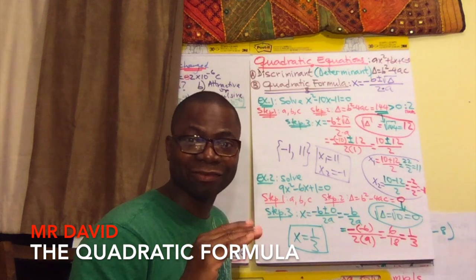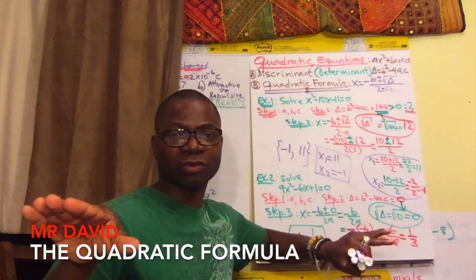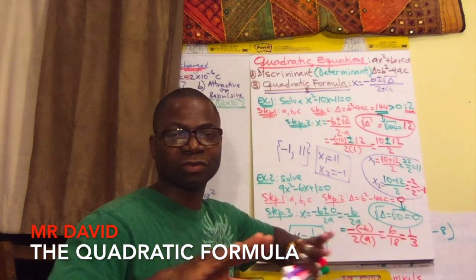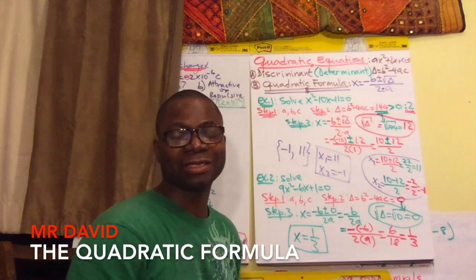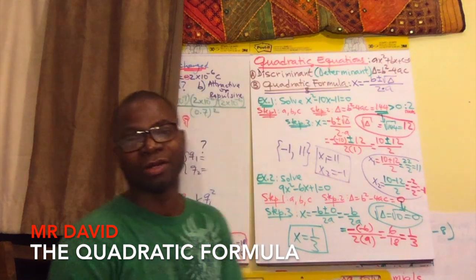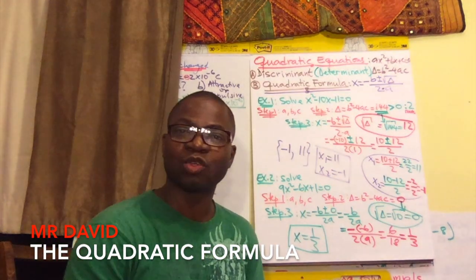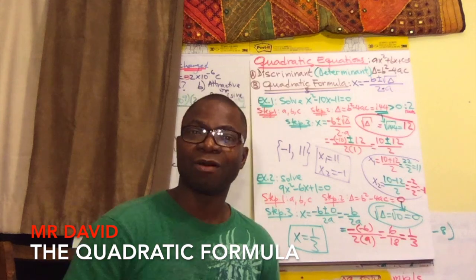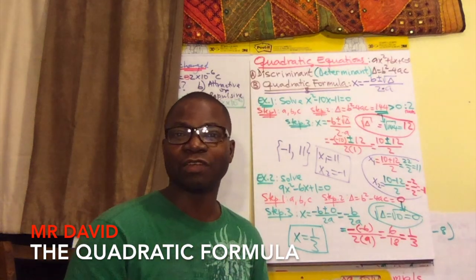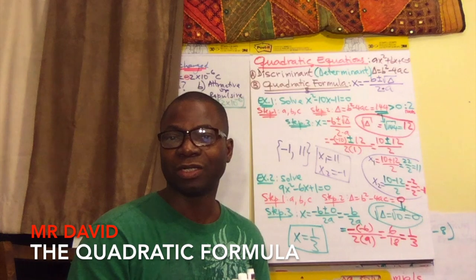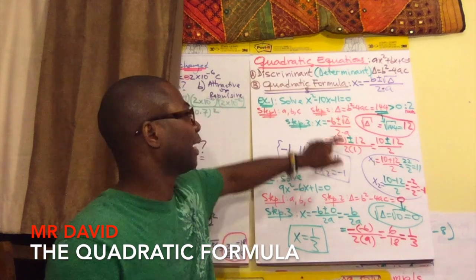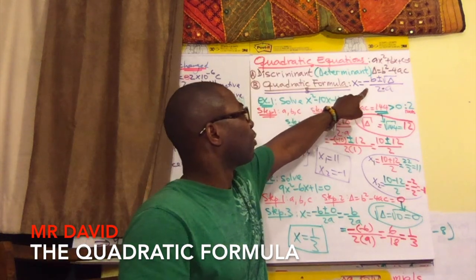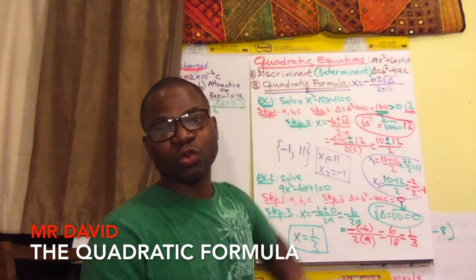Delta is negative, no real solution. No real root. That's the rule. What is the discriminant formula? It's delta equal to b squared minus 4ac. What do we use it for? We use it for the quadratic formula. What is the quadratic formula? Negative b plus or minus square root of delta over 2a.